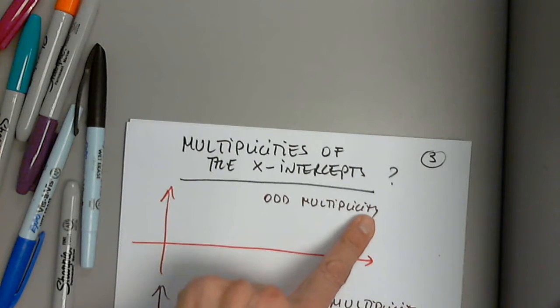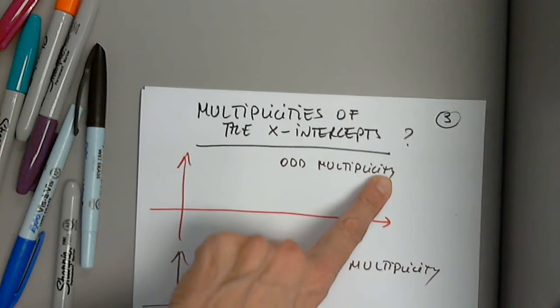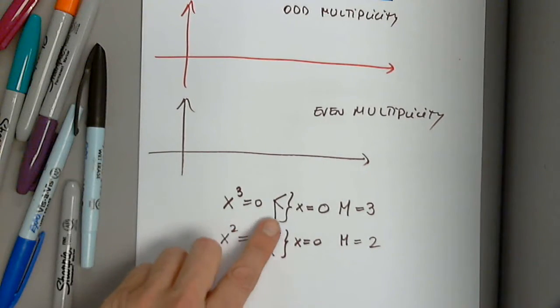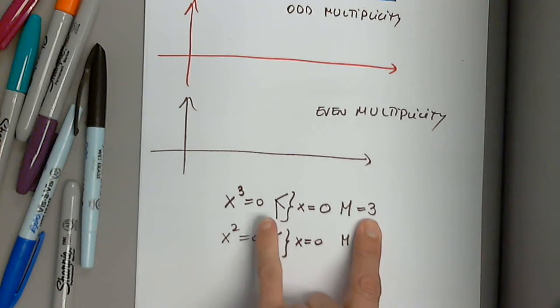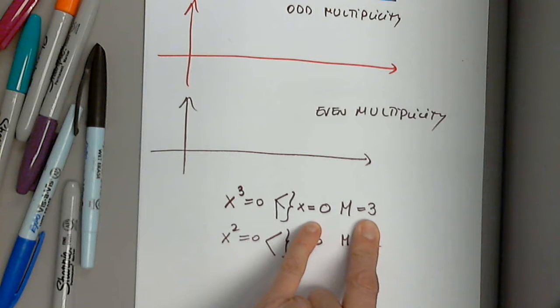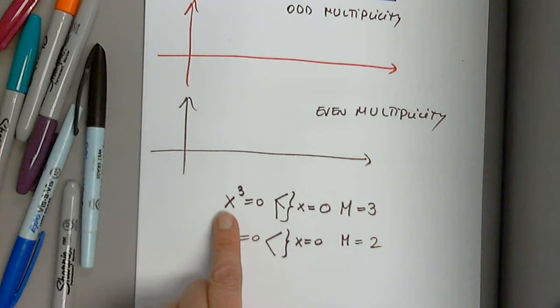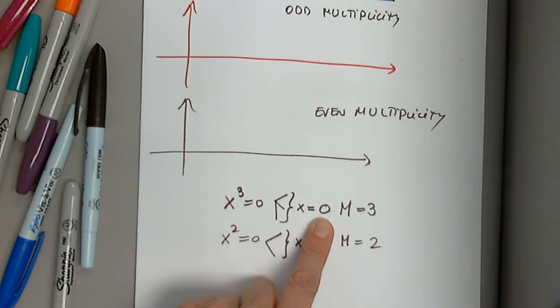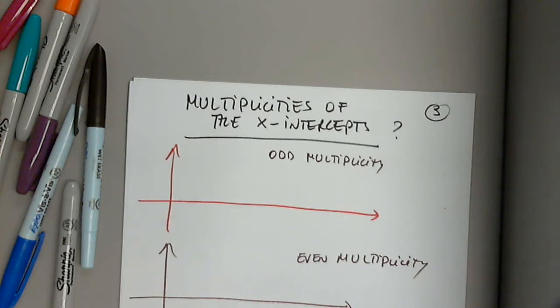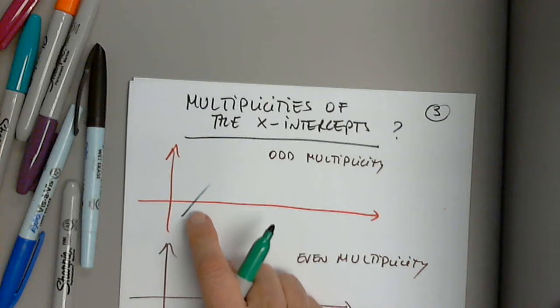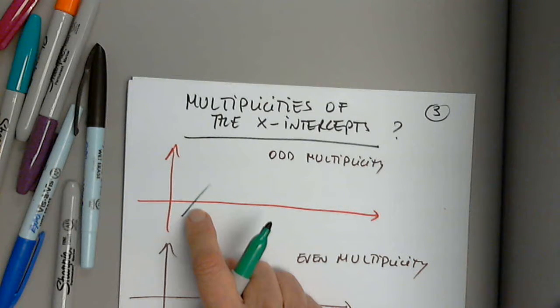Any odd multiplicity will cross the x-axis, meaning because it's an odd number of times x equals 0 appears as a 0 of the function, it will cross at 0. When there is only one solution, it will cross straight, fast if you want.